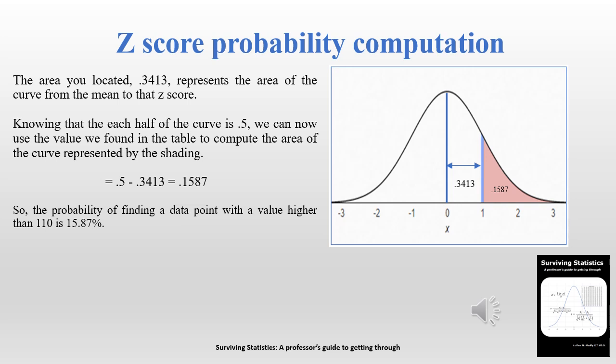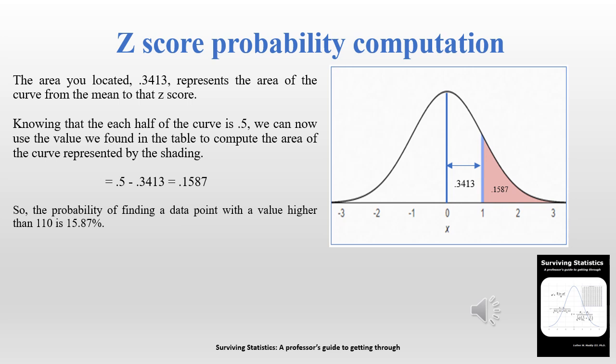We're concerned about the area to the right of that. And so we know that the whole half, of course, is 50%. So we have to subtract the area from the mean to the standard deviation referenced by the z-score. We subtract that area from 0.5. So 0.5 minus 0.3413 equates to an area under the curve of 0.1587.